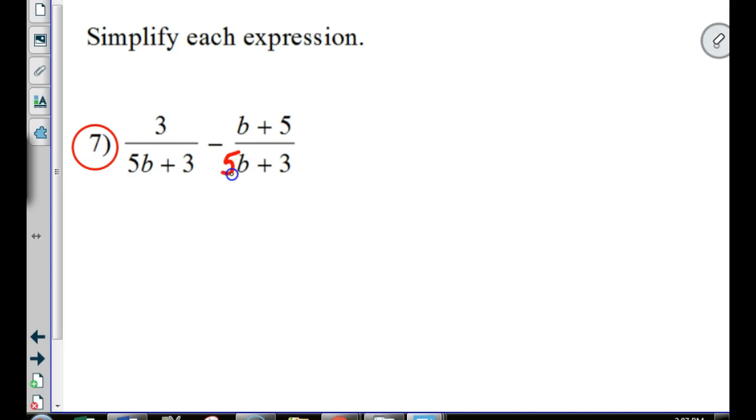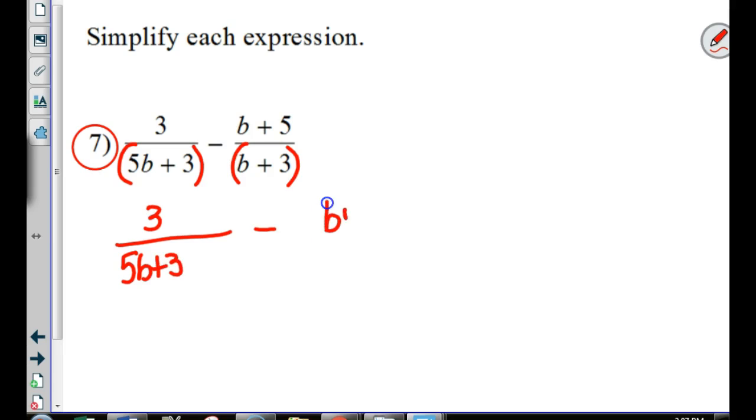Yeah, unfortunately, no, I can't because this is a quantity and this is a different quantity. So this one is currently minus this one. But they need a common denominator.